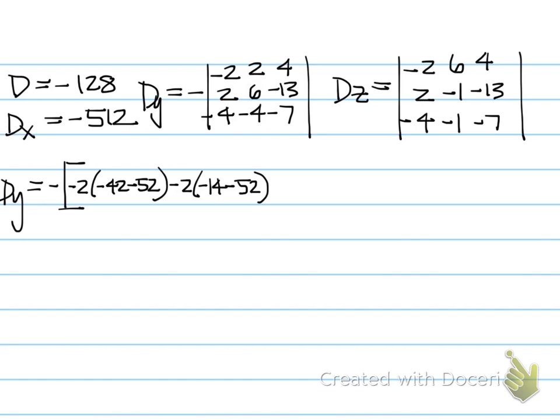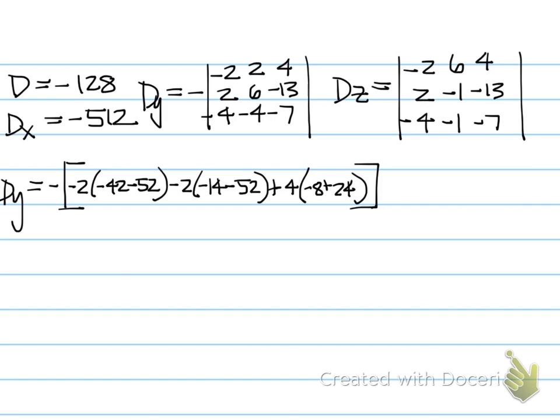Go on to the next element in the first row, which is the 2. We're going to subtract 2 times the remaining determinant after we cross out the numbers in the row and column as the 2. We'll be left with 2, 13, negative 4, negative 7. So we find the determinant for those 4 values.